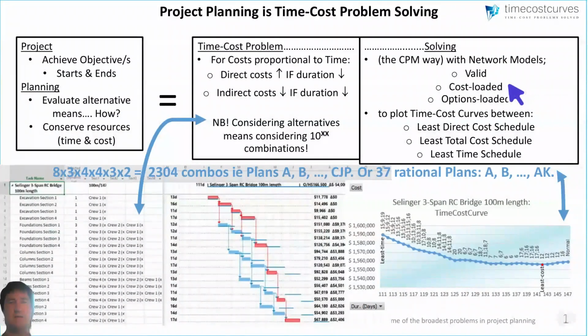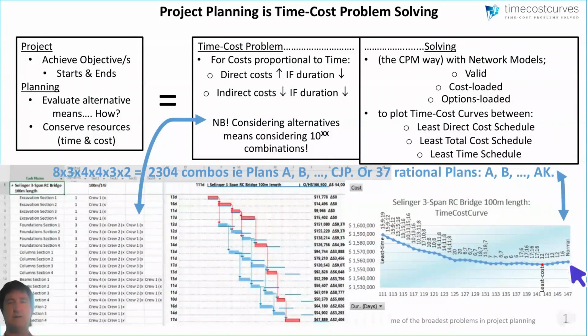So that means you have a normal way of carrying out each activity, but you want, as a planner, to consider alternative ways to carry out activities. That is the meaning of loading the options into your network model. And then the end result of solving the time cost problem is plotting the time cost curve.